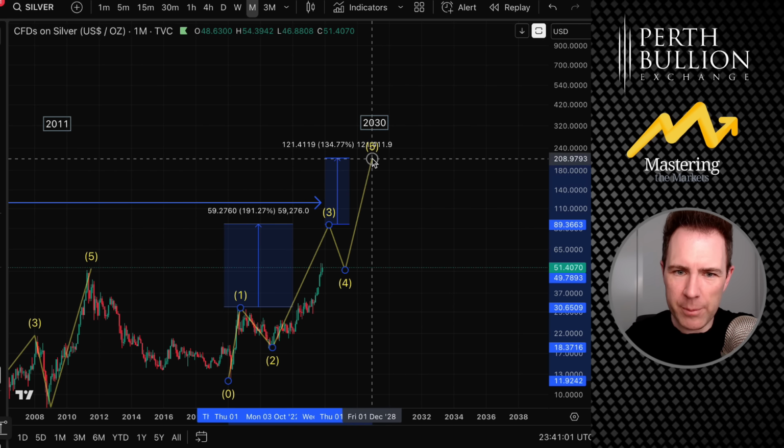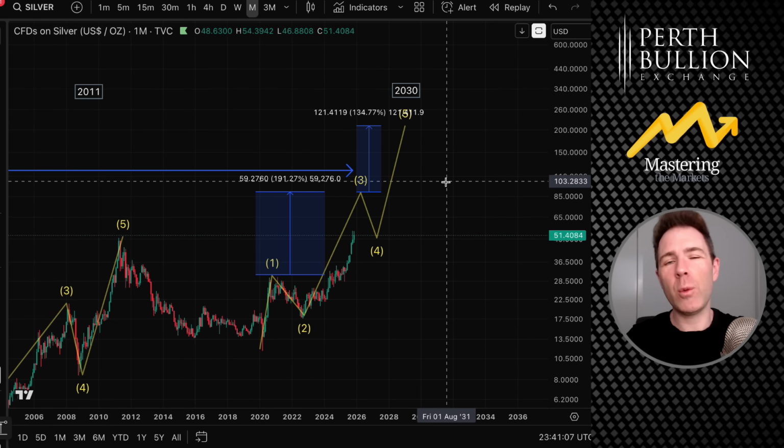That is sitting at approximately $210 US. So if you want to call it $200 even, that's what I think the bare minimum target by the end of 2030 is, around $200 US.